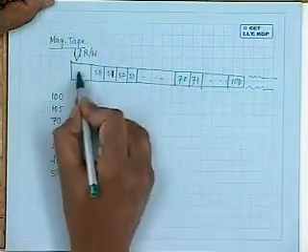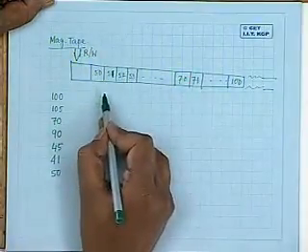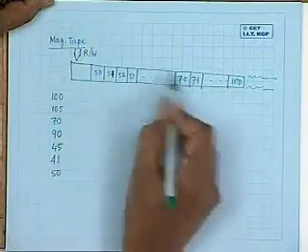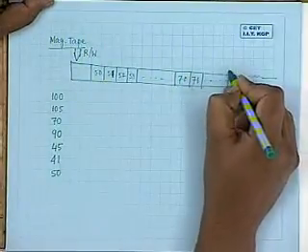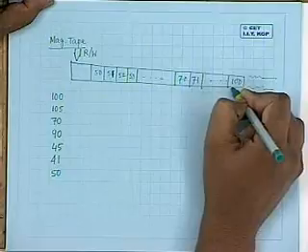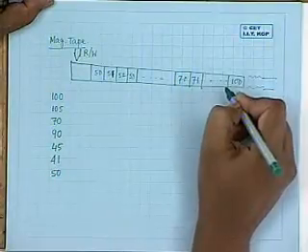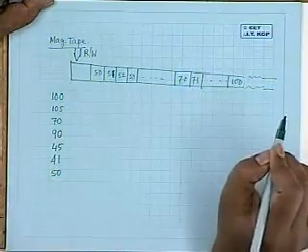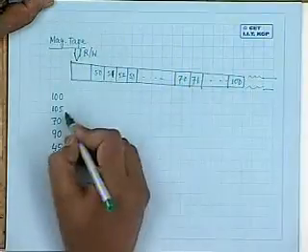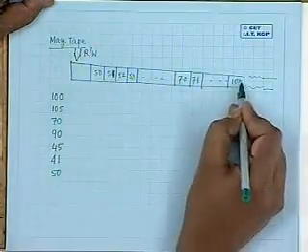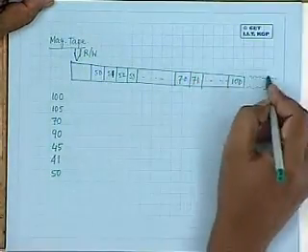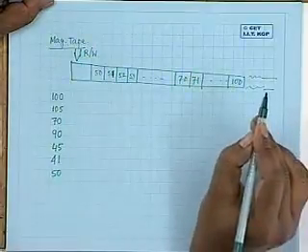That means the entire tape has to be rewound or moved until the read-write head comes over record number 100, and then only record number 100 can be accessed. Next, record number 105, I don't have any problem because I am following the same direction. I can come to record number 105 and access it.